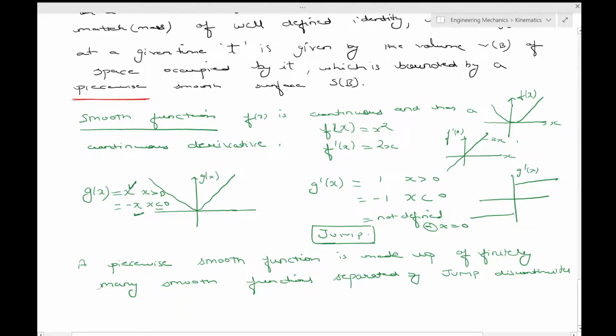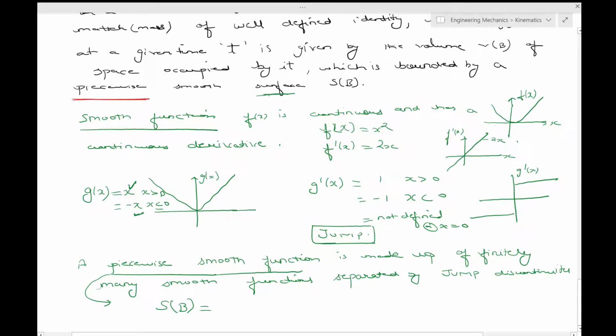Then it would be a piecewise smooth function, and hence by the same logic you will have a piecewise smooth surface, S of B, in a 3D coordinate system. You know how to draw the three-dimensional surface using XYZ, about conic sections like a cone, or a cylinder and a sphere and so on. So all these are three-dimensional surfaces.